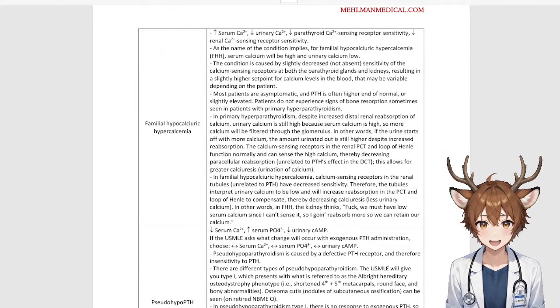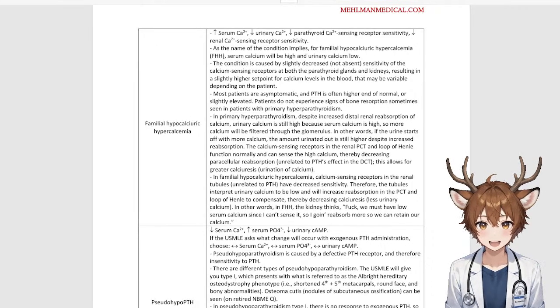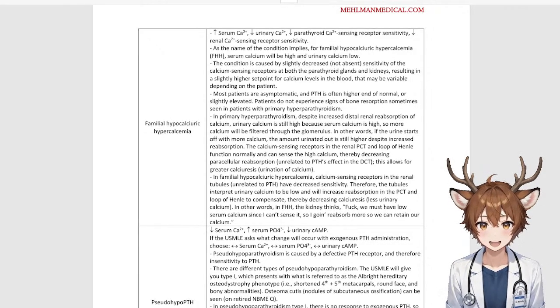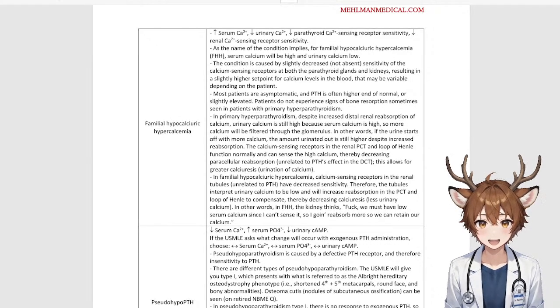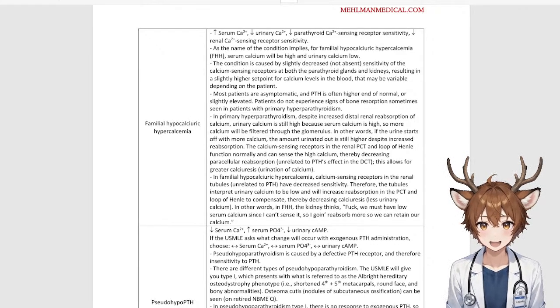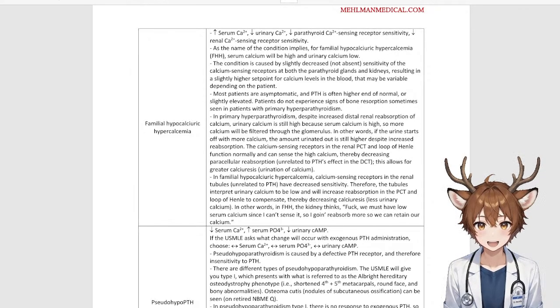The condition is caused by slightly decreased, not absent, sensitivity of the calcium-sensing receptors at both the parathyroid glands and kidneys, resulting in a slightly higher set point for calcium levels in the blood that may be variable depending on the patient. Most patients are asymptomatic, and PTH is often high end of normal or slightly elevated.